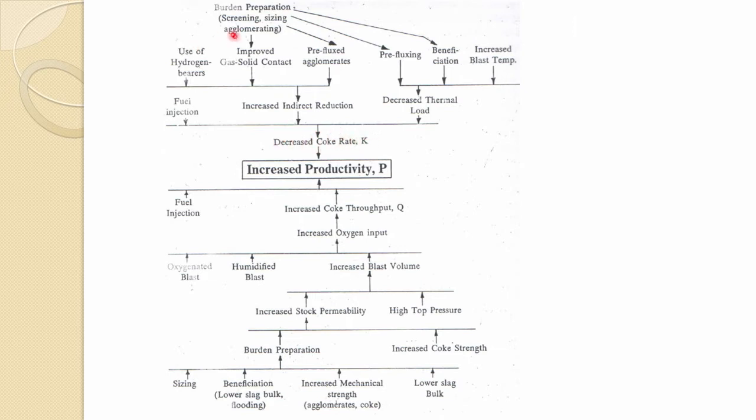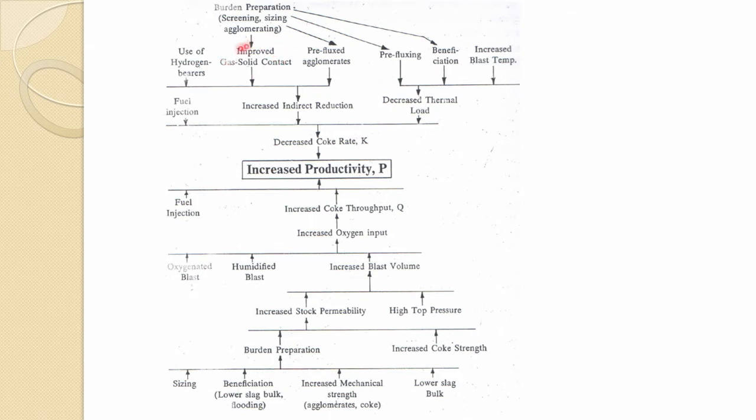It is through burden preparation, screening, sizing, agglomeration, and use of hydrogen-bearing material, because hydrogen has high reduction potential. So, it is beneficial, it will decrease the coke rate and improve gas solid contact.